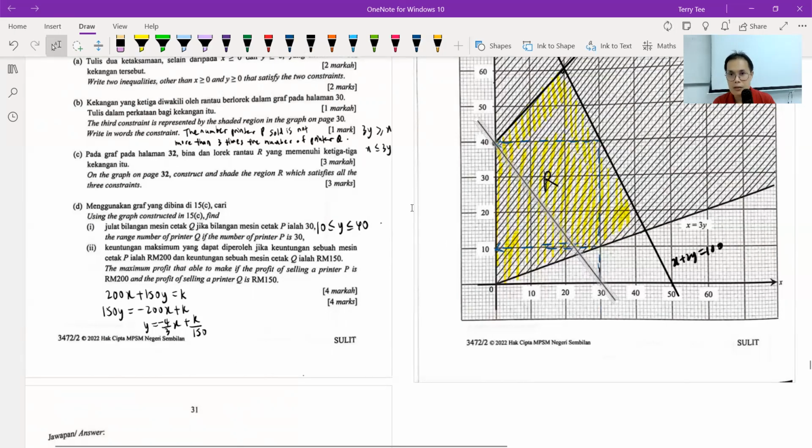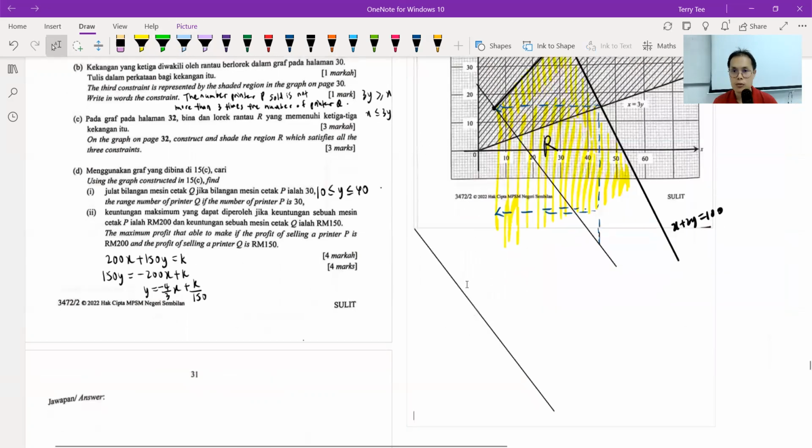So now let's take this line and move it up and down. Let me copy and paste it.